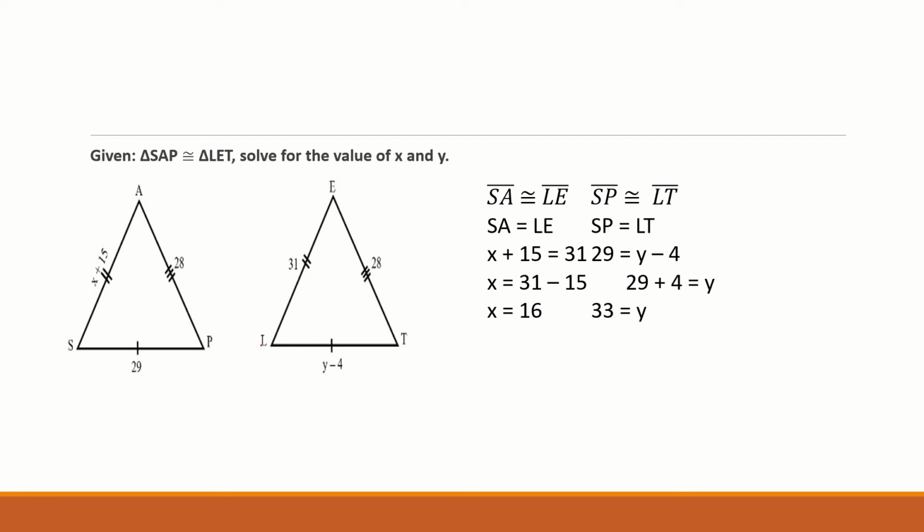Anyway, the two triangles are congruent by SSS postulate kasi three sides are congruent. So, if the three corresponding sides of the two triangles are congruent, therefore, the remaining parts, the three angles, are also congruent. So, angle A is congruent to angle E, angle P is congruent to angle T, and angle S is congruent to angle L.